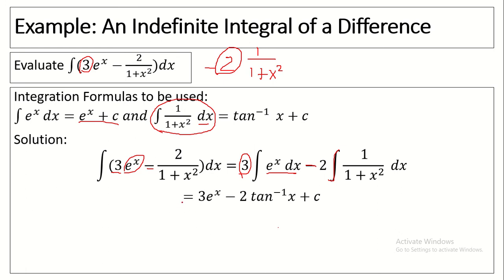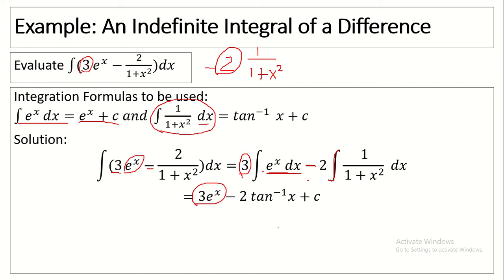So, ngayon, we have that's equal to 3. So, gamit itong formula na to, the indefinite integral of e^x dx is equal to e^x plus c. So, this one is e^x. So, 3 times the indefinite integral of this one is e^x.